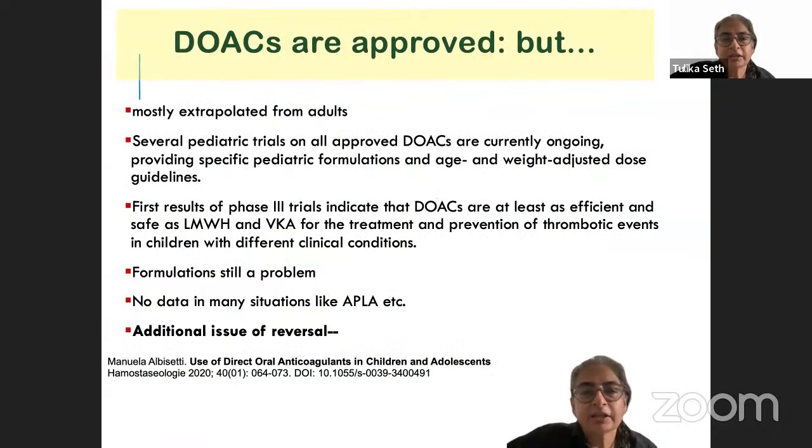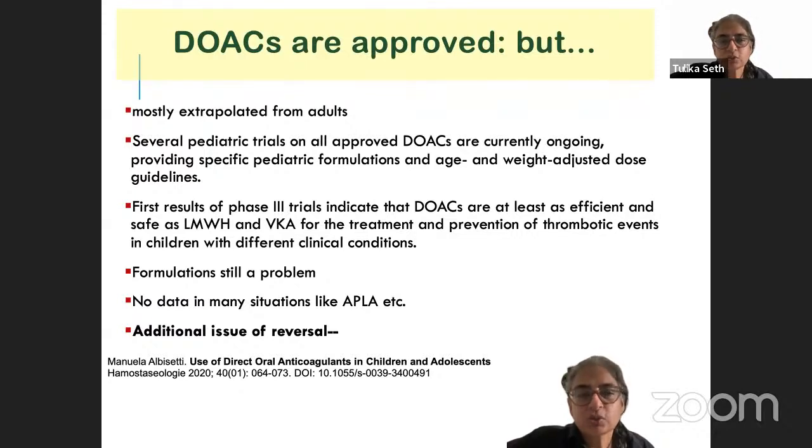Now, a lot of people ask about the direct acting anticoagulants. A lot of the data earlier was extrapolated from adults, but we're now getting some studies in pediatric patients as well. And I just wanted to mention that when these DOACs were initially approved, we were very excited because we said we don't need to do PT-INR monitoring, and the companies told us that there was less risk of severe bleeding.